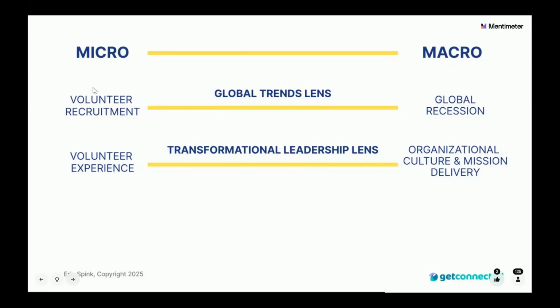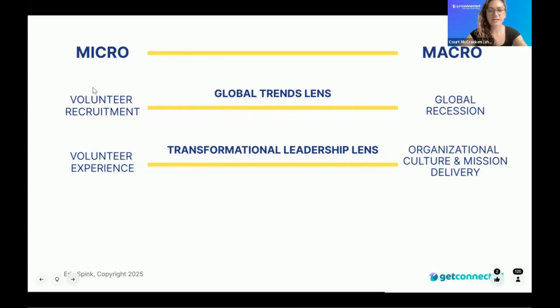So I'll just pause there and see if anything's popped up, Court, in the chat. Yeah, it definitely seems like the example you gave from your experience is something that many other folks have experienced as well, and having the whole organization be a good steward of the volunteer experience.